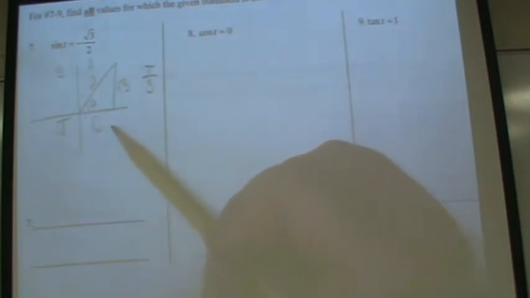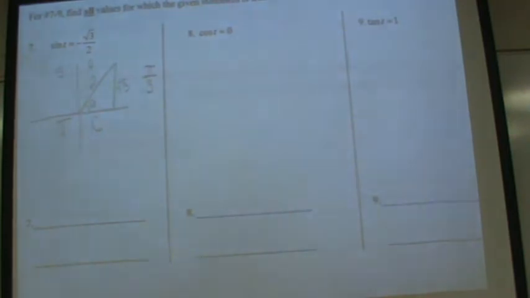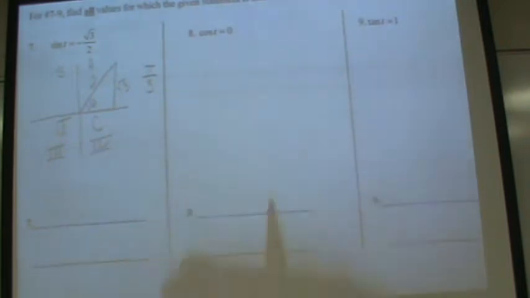And then in quadrant 4, cosine is positive. So we're looking for where sine is negative. Well, sine is positive in 1 and 2, so it must be negative in 3 and 4. So we're looking at quadrants 3 and 4 for this problem. We need to find those 60-degree angles in those quadrants. So in quadrant 3, our angle is 4 pi over 3.